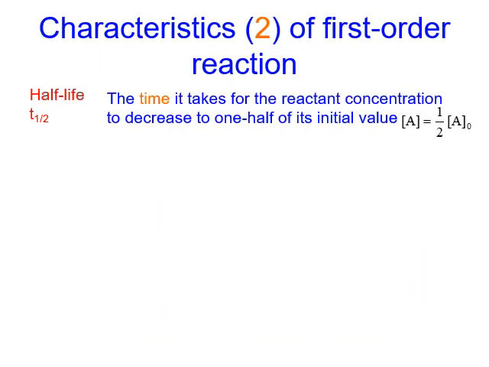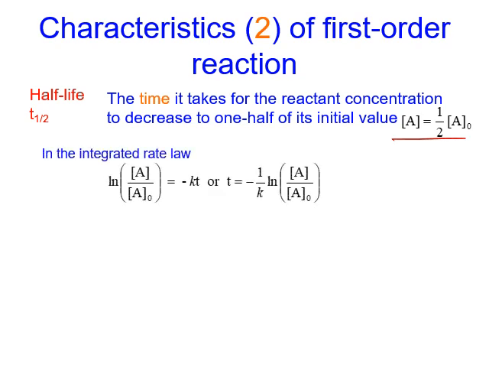In kinetics, half-life is defined as the time it takes for the reactant concentration to decrease to half of its initial value. So let's calculate the half-life for the first order reaction. We start with the integral rate law, the natural log of A over A naught equals negative kt.